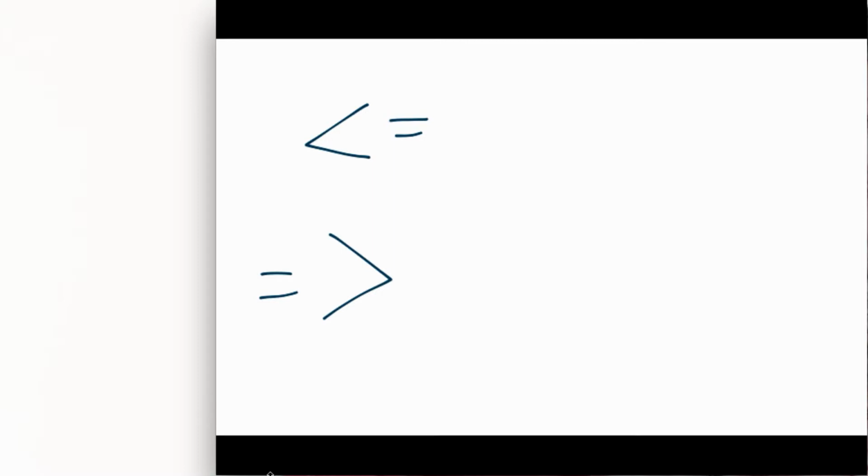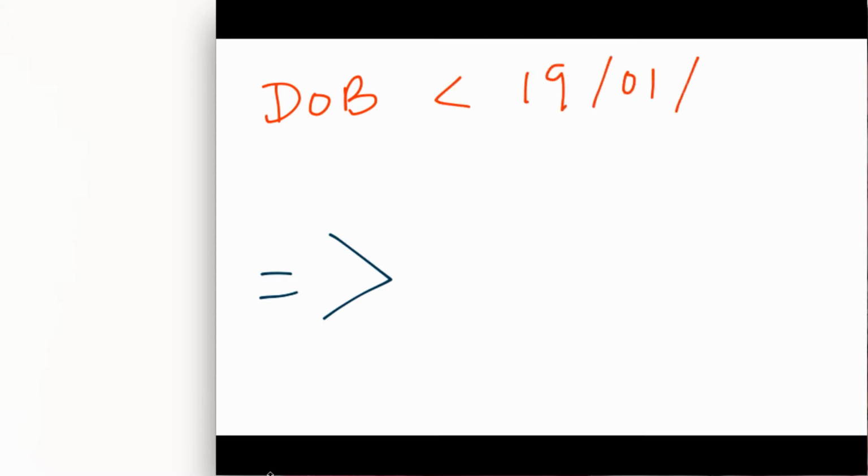So again, they work in very simple and similar ways to the less than and more than, but this time, if I was to say that I wanted to find all those whose date of birth is less than, so for example, date of birth less than 19th of the 1st, 00, it would not include this date in the results. So if there was a student whose date of birth was on the 19th of January 2000, it wouldn't show them.